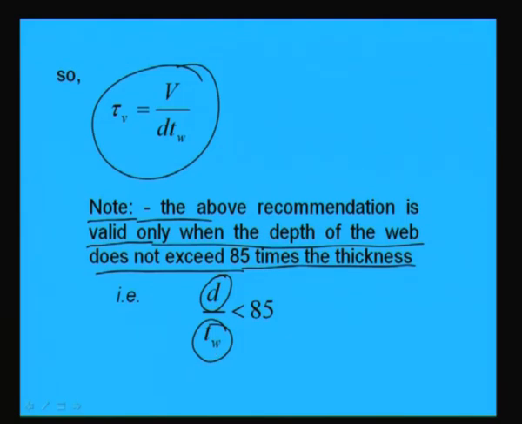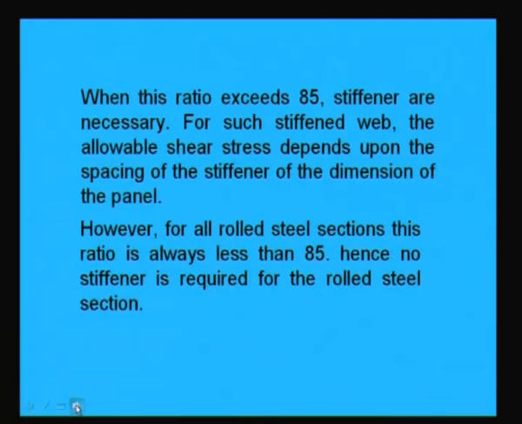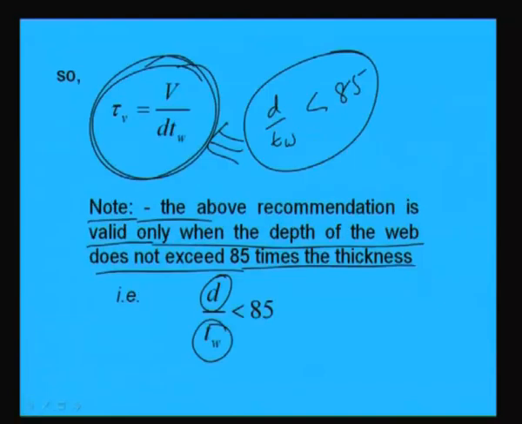So, we can use this recommendation if d by Tw is less than 85. For all rolled steel sections, this ratio is less than 85. We have standard rolled steel sections, and we have seen that in all cases it does not exceed 85. So, for all rolled steel sections we can use that formula.